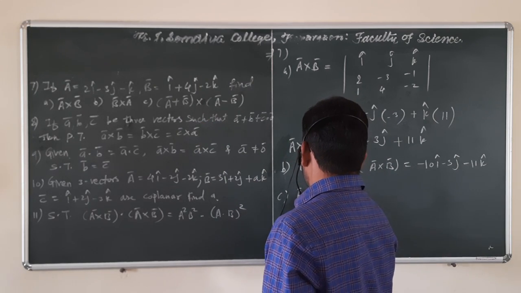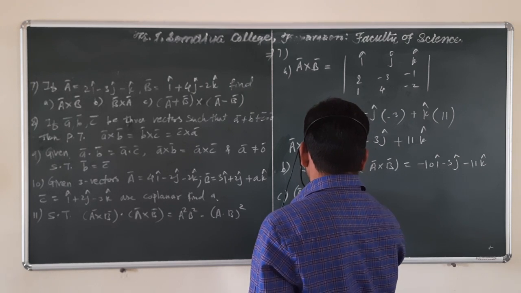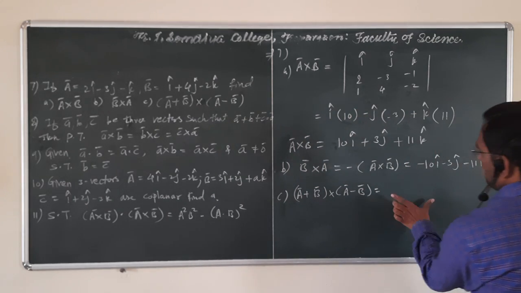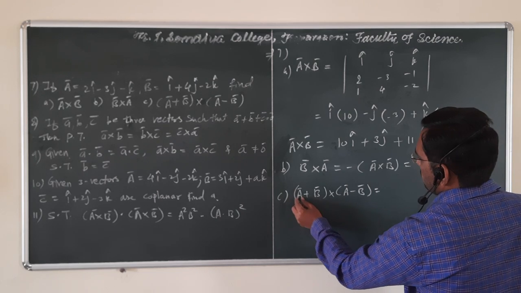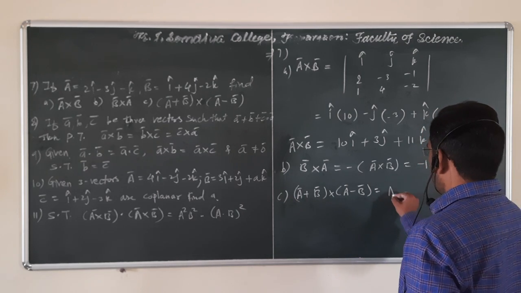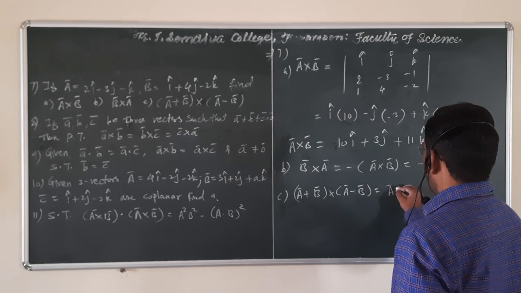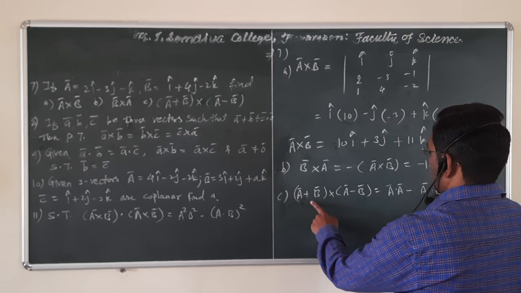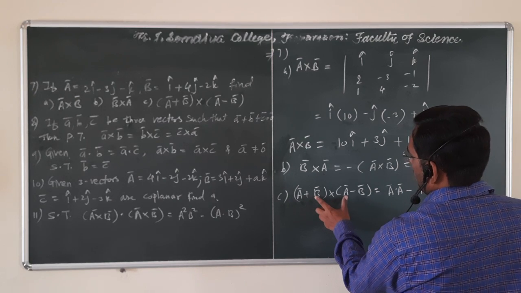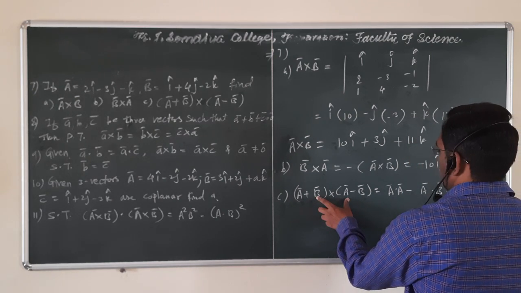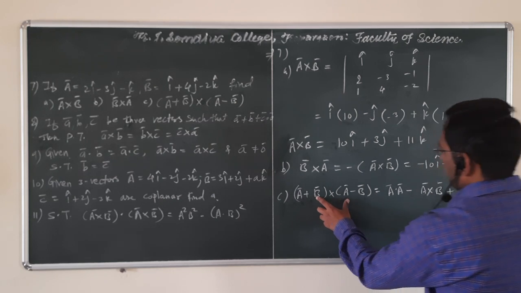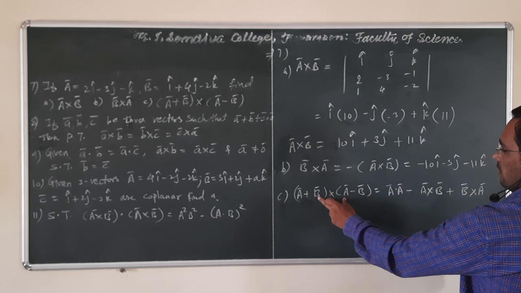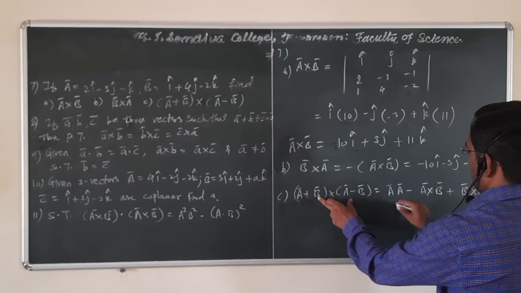Vector A plus B crossed with vector A minus B is equal to, on the right hand side, if you multiply vector A to this term, that will become A dotted with A, minus A dotted with B, plus if you multiply B to this, A cross B is there, minus A cross B, so B cross A, and A cross A is there.